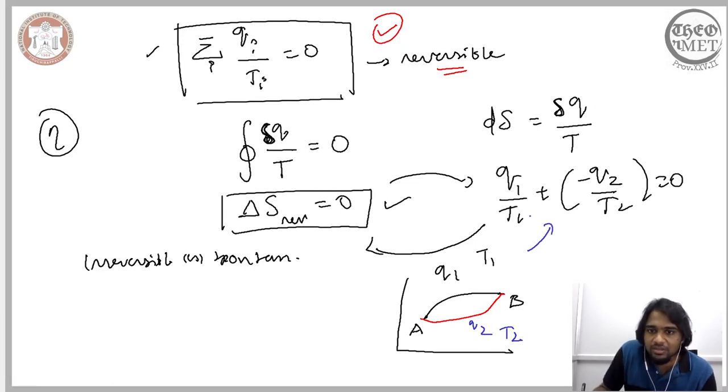The change in the entropy when the system moves from A to B is expressed by this relation, Q1 by T1.